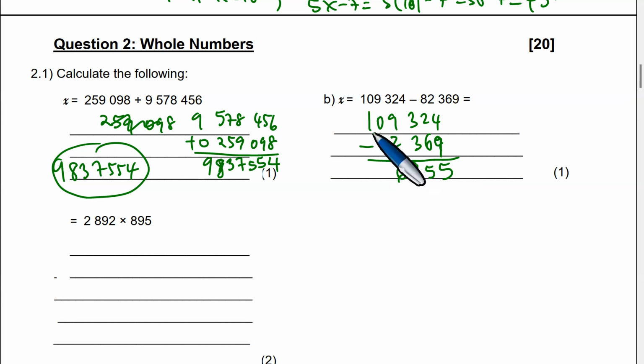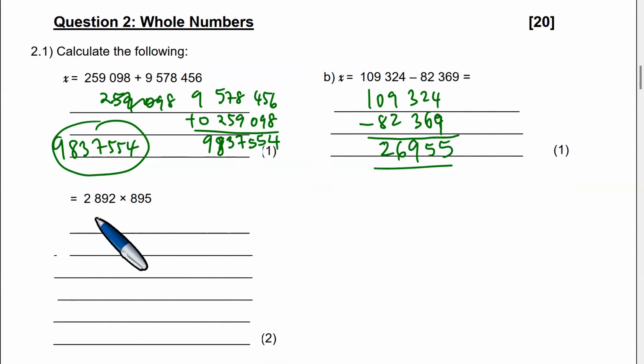If you borrow 1, then it becomes 10. 10 minus 8 is what? It's 2. That is the answer because after you borrow, you are left with a 0. Right, so the answer is 26,955.